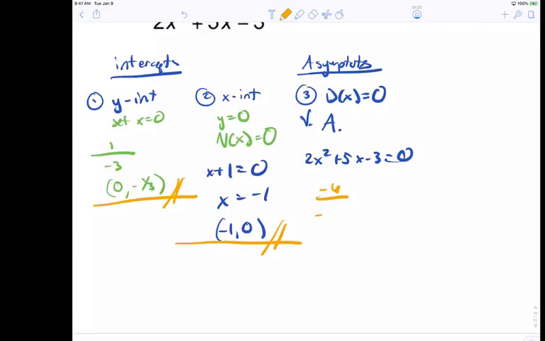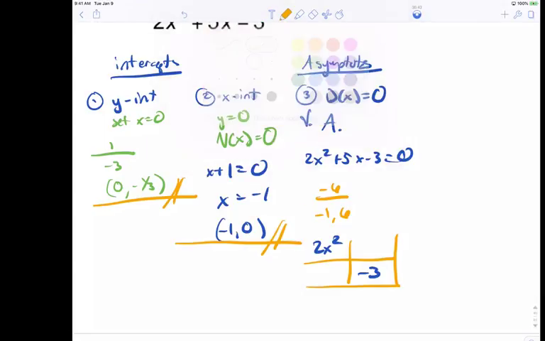So negative 1 and 6. It's the AC method, A times C, the same as before. Let's look at the box. Now that we have those numbers, this part should be easy. We bring down the 2x squared and the negative 3. This is going to be a negative x, and this is going to be 6x.